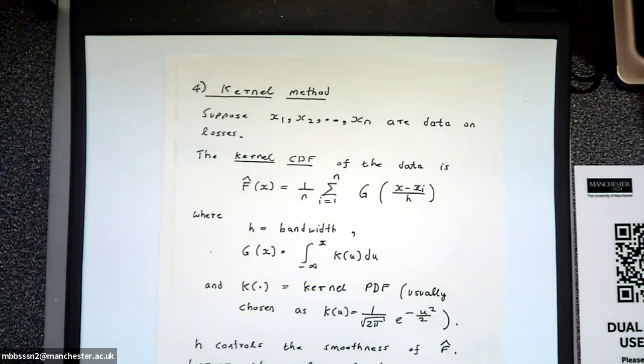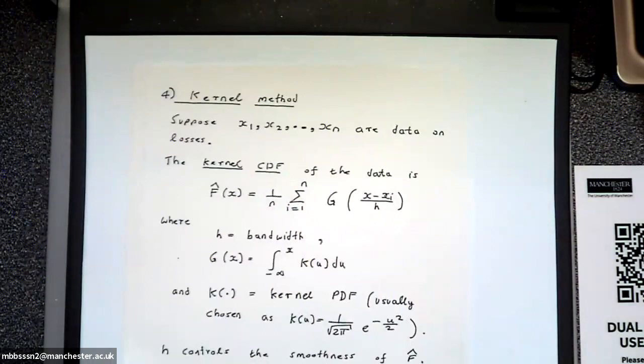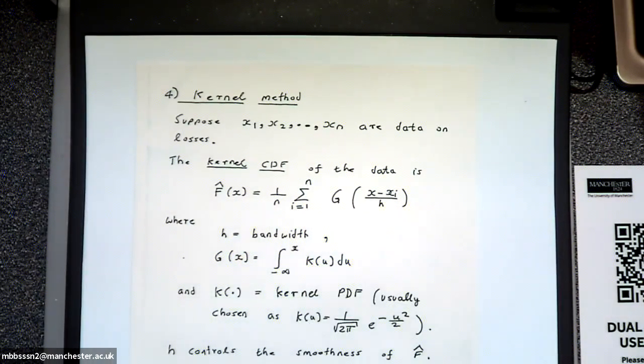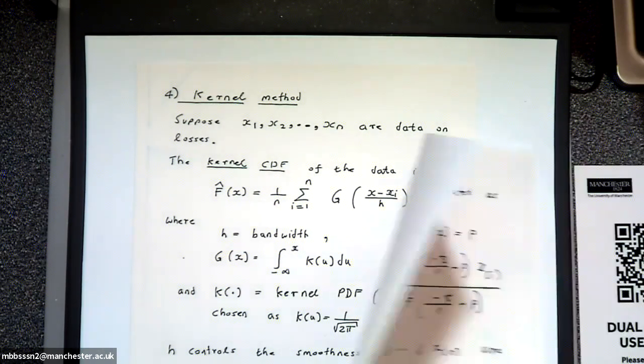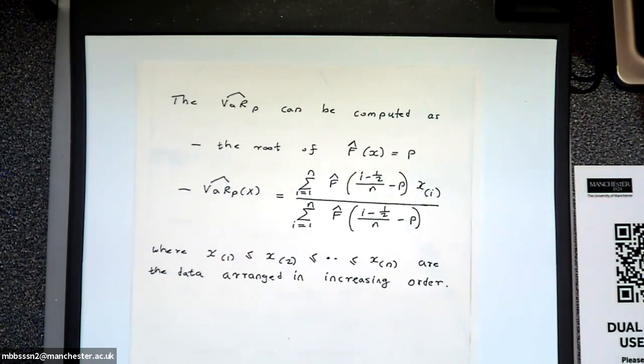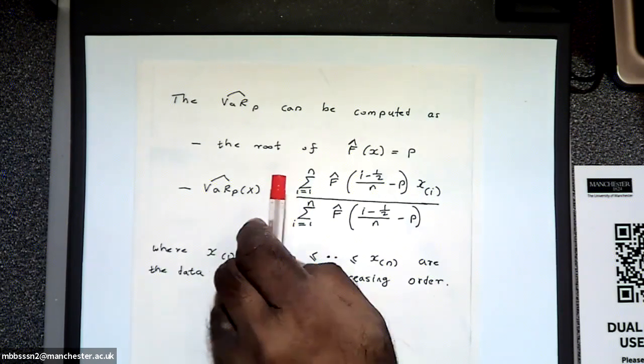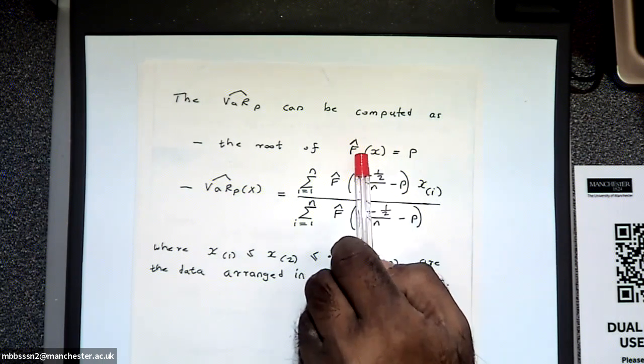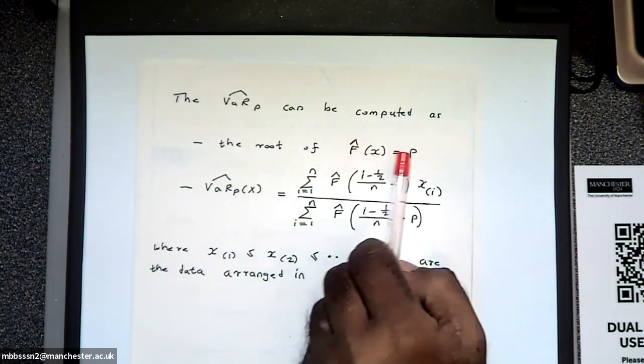Okay, if you haven't done this, this is the formula for the kernel CDF. Now there are two ways of estimating VAR. One is to take the root of this equation where f hat, the kernel CDF, is equal to p.